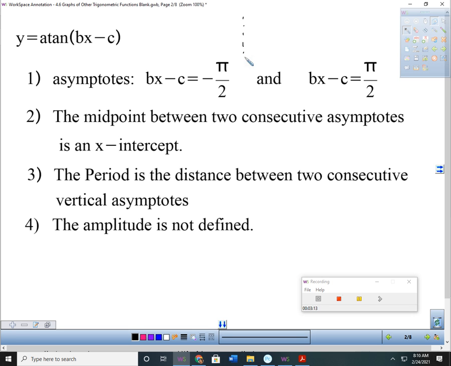So if I have an asymptote here and I have an asymptote here, then I know halfway that's where I'm going to cross the x-axis, all right? The period is the distance that's between my two consecutive vertical asymptotes, so from here to here, okay? And we do not have a defined amplitude.